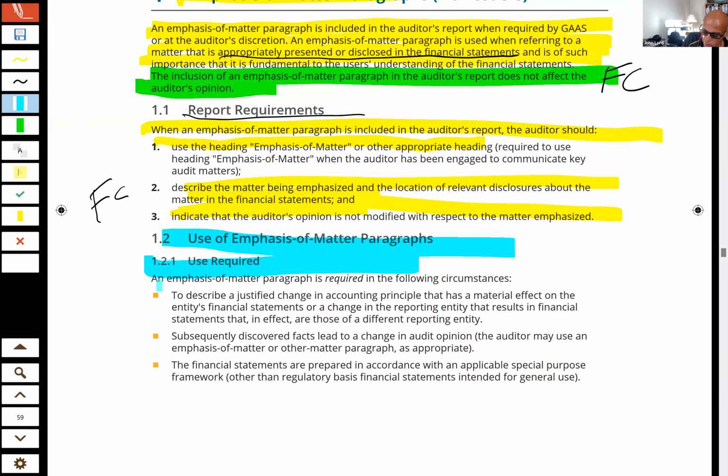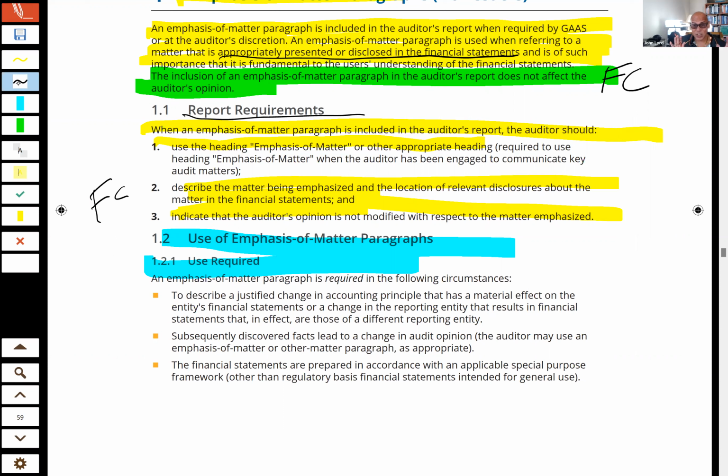Okay. By the way, it's worth noting here because I think probably you're thinking, well, where am I supposed to put this emphasis of matter paragraph? I have an unmodified opinion, and I'm having to add an emphasis of matter either because GAS told me to or because my judgment determines that I should. Where in the unmodified report should I put it?